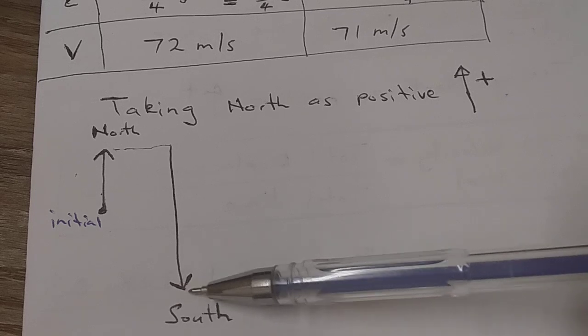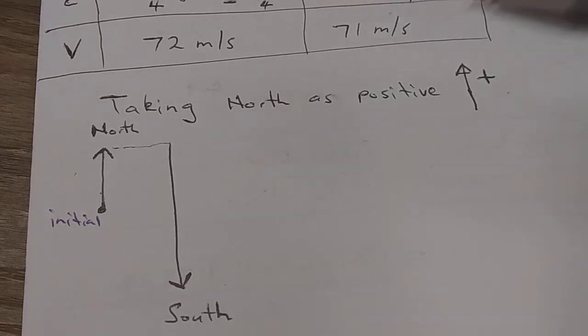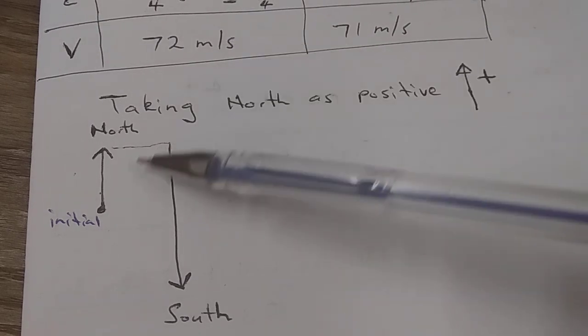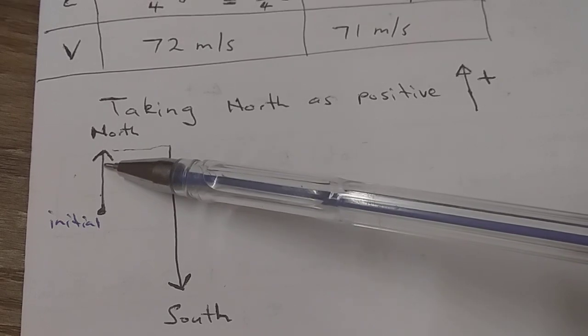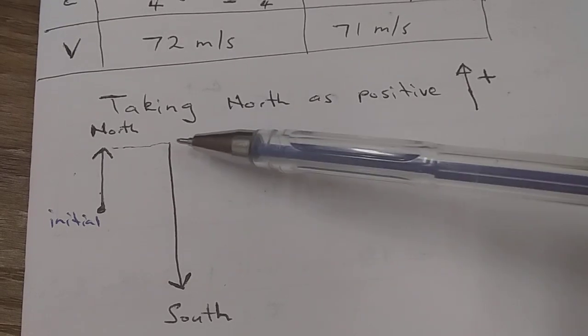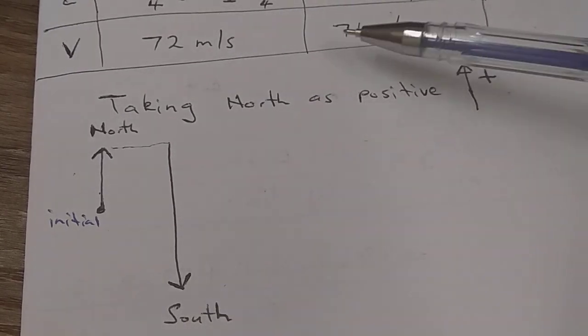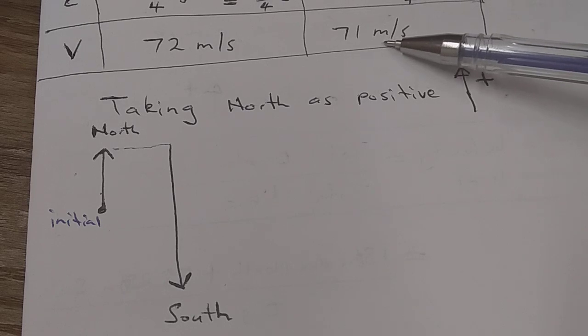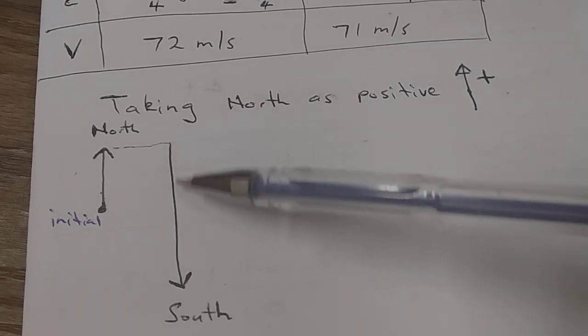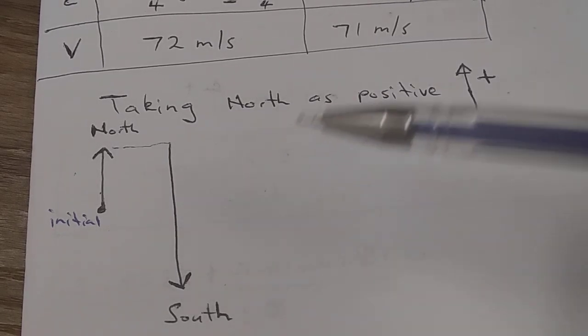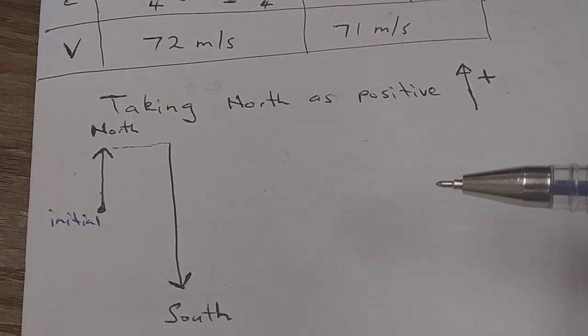So at the end of the day, we want to calculate the average velocity for the entire trip. As it moved due north, it was 72 meters per second. As it moved due south, it was 71 meters per second. So we want to find the average velocity of the entire trip. That is our question.